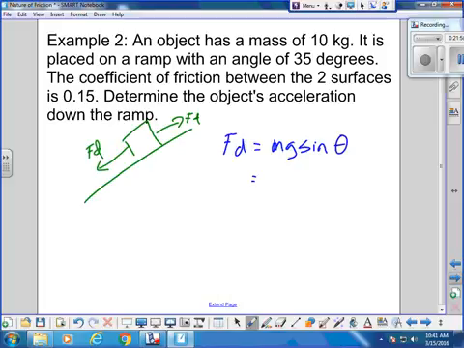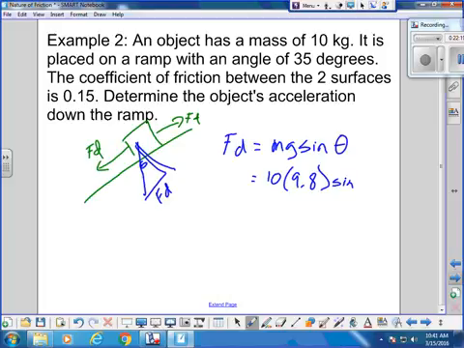So we're going to have 10, 9.8 times, whoops, because of this triangle here, and this FD here is opposite the angle up here. Well, I went through that yesterday.